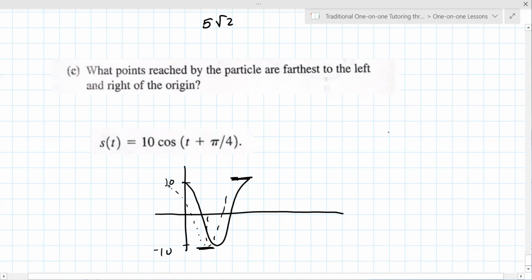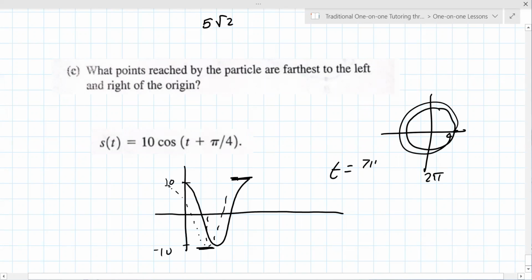Normally on the unit circle, cosine has its biggest value at 2 pi, if you go all the way around. So how do you get to 2 pi? It's when t is 7 pi over 4, because 7 pi over 4 plus pi over 4 gets you back to 2 pi. And then when is it lowest? It's at negative 1, or at pi.